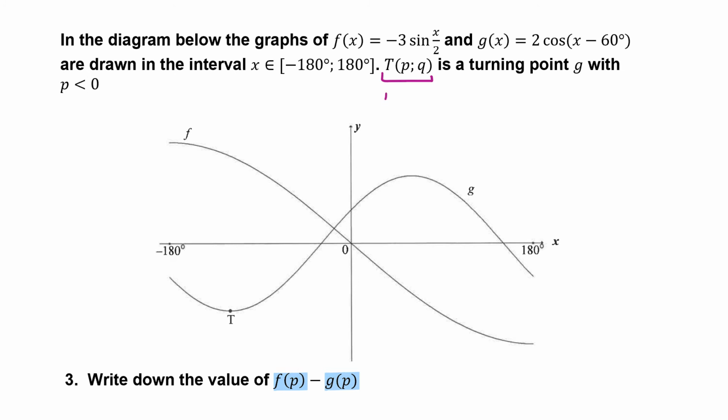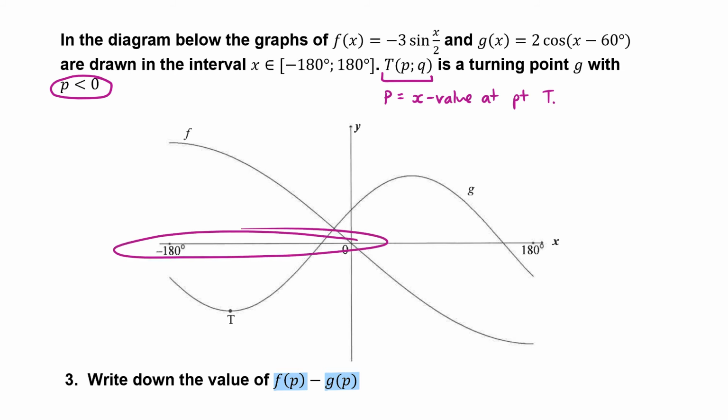So it's basically saying here that p is the x value at point t. And it goes on then to tell us that p is less than 0, which means it's on the negative part of the x-axis.